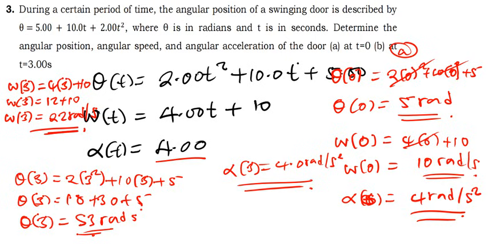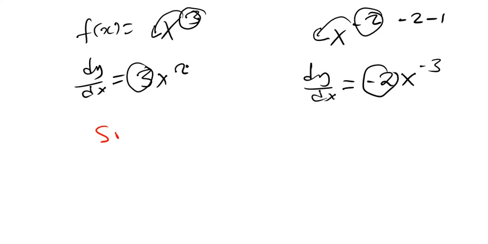If you want to find the revolution for part A, so this is the revolution. Now you convert this 5 rad into revolution. In one revolution you have got 2 pi rad. So we want to convert 5. In 2 pi rad we put 1 revolution on top, so these will cancel. So it will be 5 divided by 2 pi.